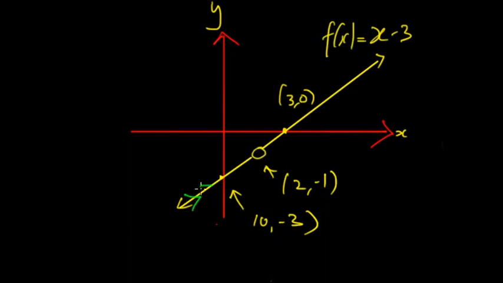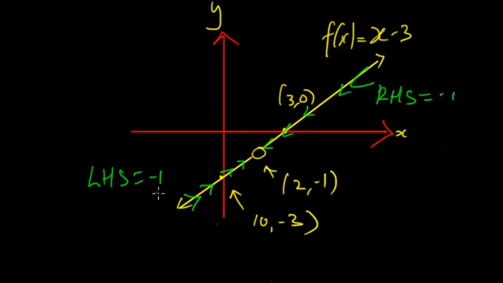Now if you go from the left-hand side, we see that it approaches negative 1. So I said 2 before, but I was just getting confused with what x is equal to. So the left-hand side is equal to negative 1. And the right-hand side also approaches negative 1. So as they both approach the same value, then the limit is negative 1.